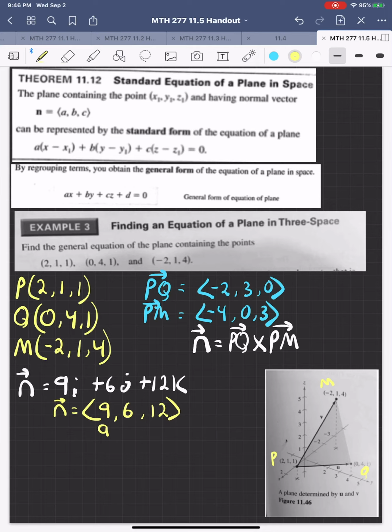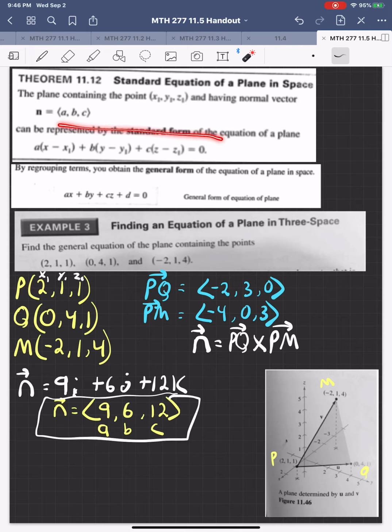So I've got A, B, C. I also need x sub 1, y sub 1, z sub 1. I started with point P, so this is going to serve as my x sub 1, y sub 1, z sub 1. That's it. You have everything you need to go into this form right here.